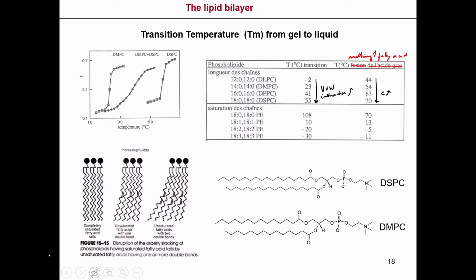Let's see, when you have the same number of carbons, but here it's saturated and here it's unsaturated, you have a double bond here.